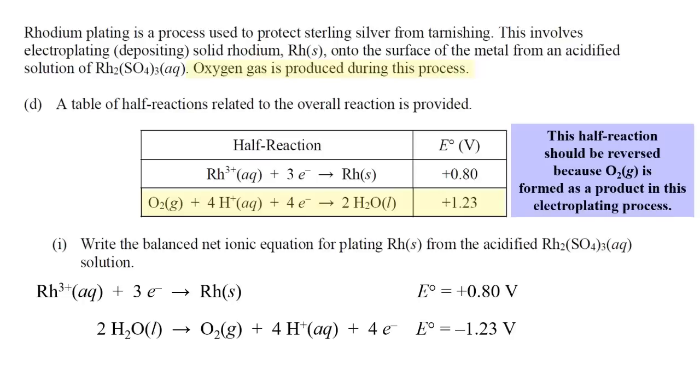We'll see that in part D, III. It talks about explaining why an external power supply is needed. But when you see electroplating, that will have a negative cell potential because it's not a thermodynamically favored process like a galvanic cell or a battery is. So this is not a thermodynamically favored process, which is why we need an external power supply to make this run.